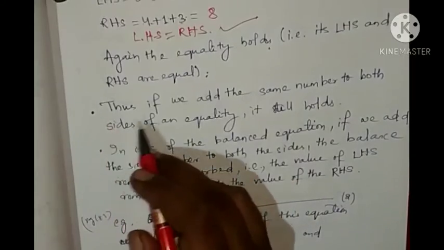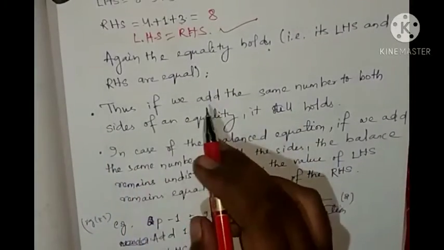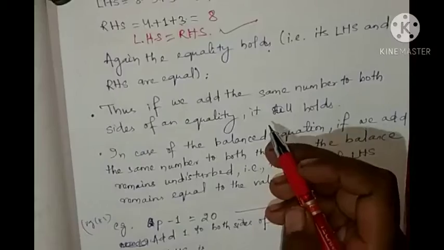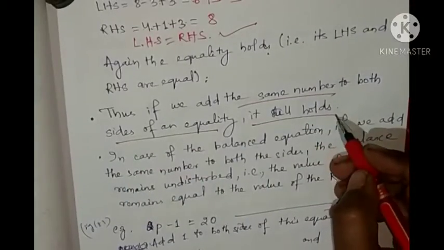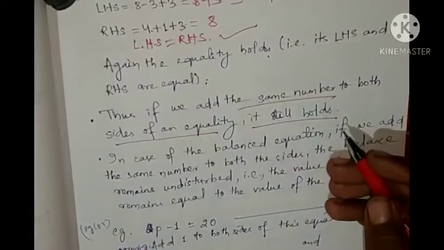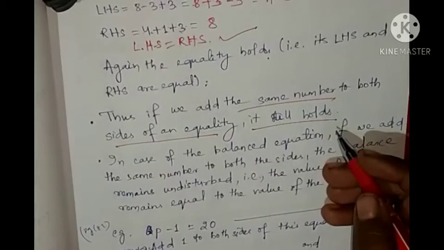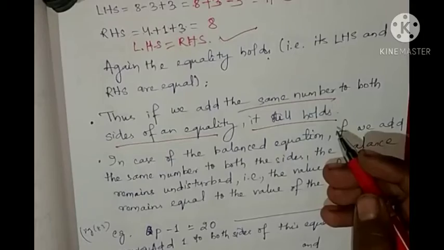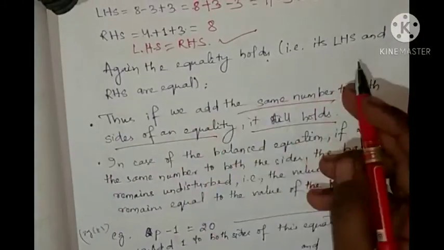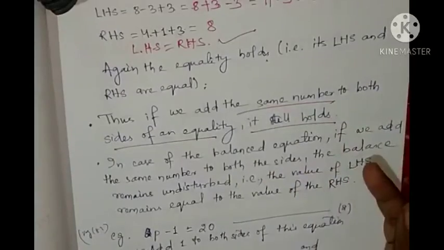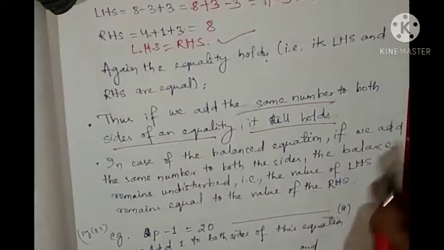Thus if we add the same number to both sides of an equality, it still holds. 8 minus 3 equal to 4 plus 1 gave 5 equal to 5, and when we added 3 to both sides we got 8. So LHS equal to RHS.